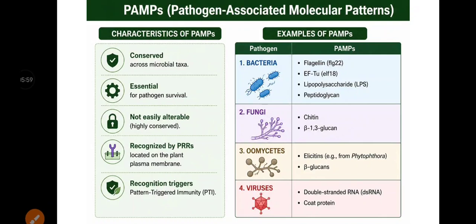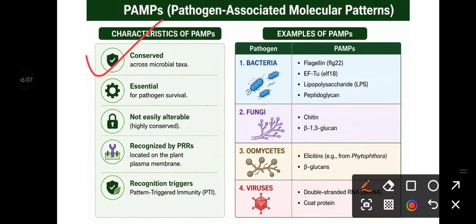So next, the characteristics of pathogen-associated molecular patterns. These molecules are conserved, essential for pathogen survival, not easily alterable, and recognized by PRRs, and the recognition triggers pattern triggered immunity.